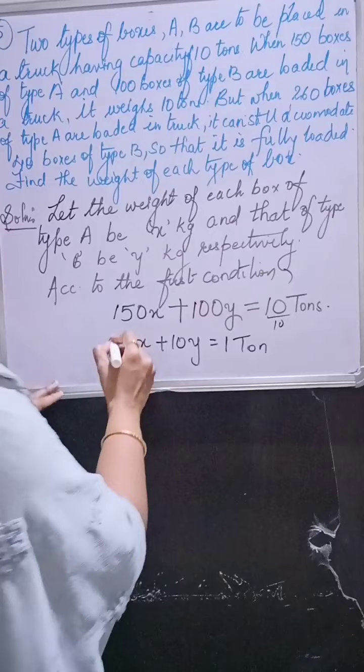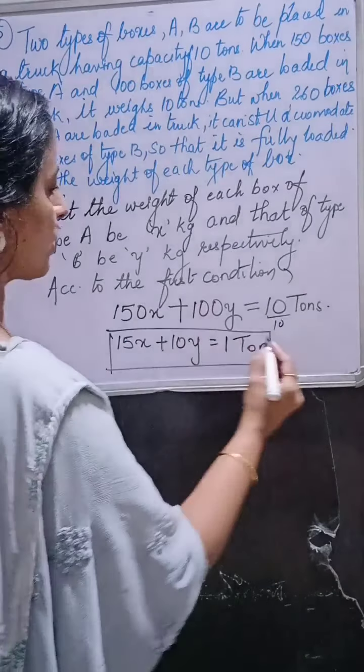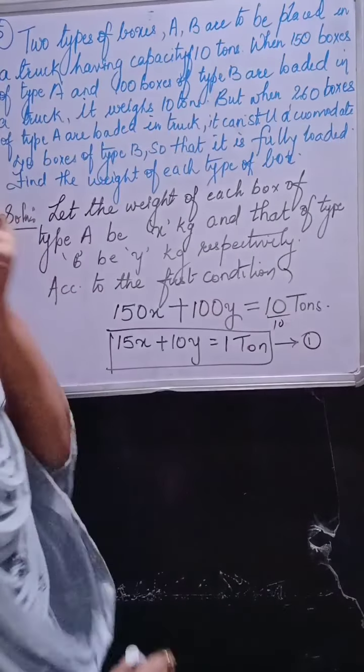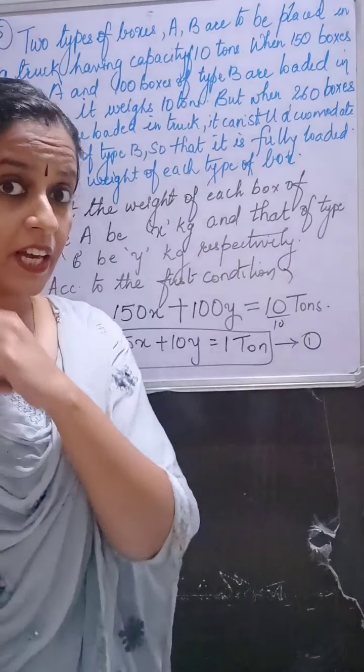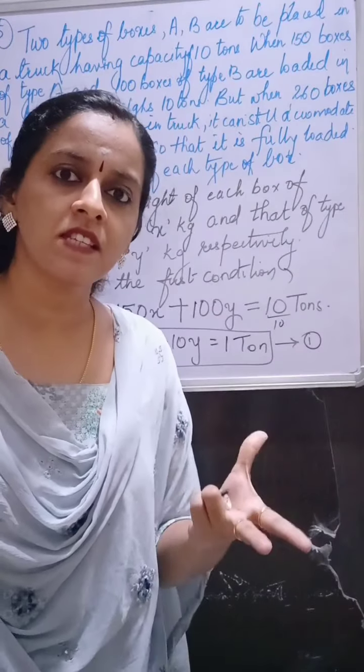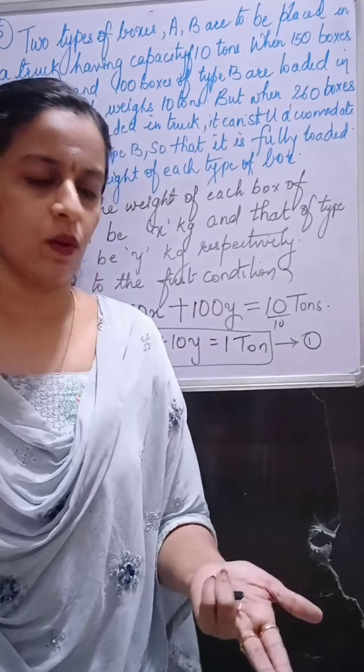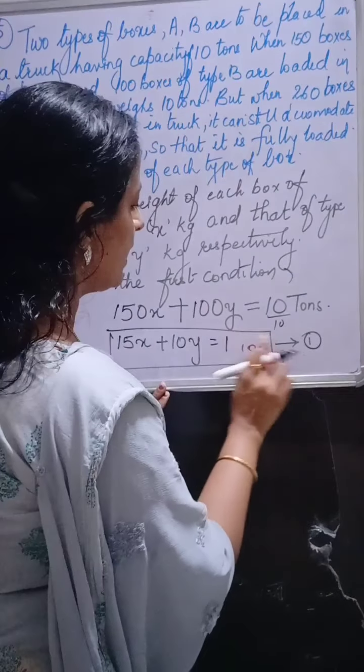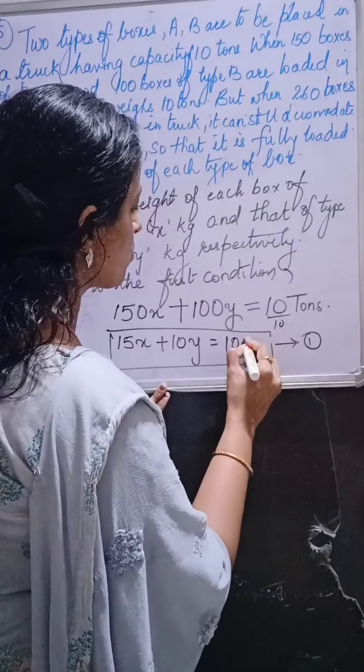This I'll write as equation number 1. 1 ton is how much, children? 1 ton means it will be 1000 kilogram. So instead of 1 ton, I will write 1000.